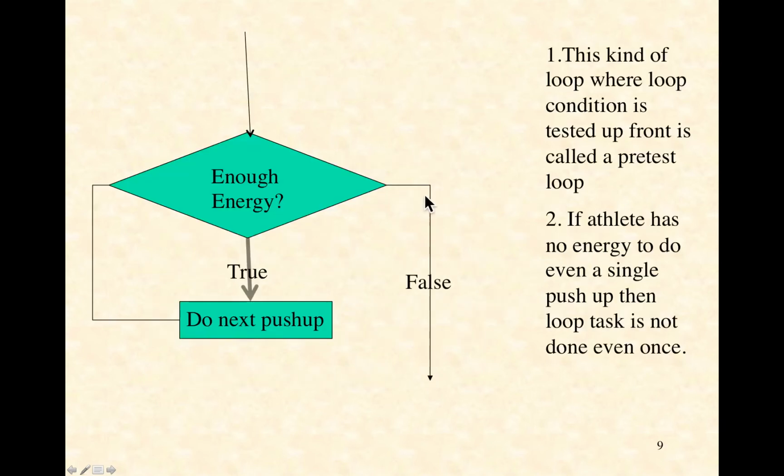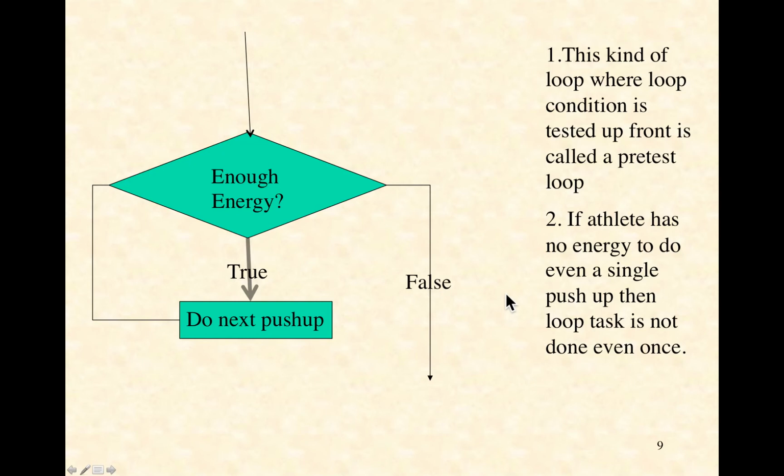And we can think about this with a kind of flow chart. Enough energy to push up, true, do the next push-up. Obviously this is going to change the energy level. So the question asks again, enough energy to do another push-up? If that's true, do another. At some point doing this will reduce the energy level so much that the answer will be false, and then we exit the push-up loop.